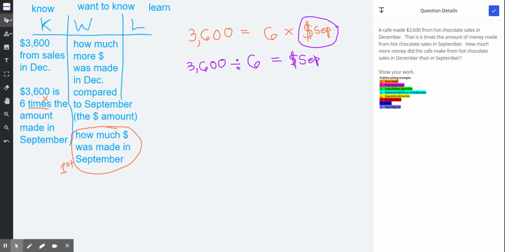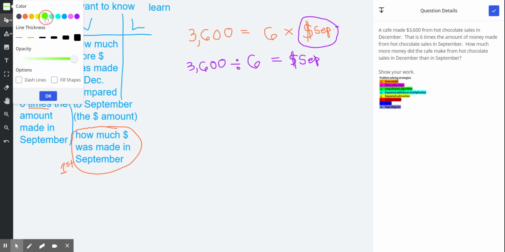But if you notice, my dividend remains the same. My dividend is 3,600 because that's the total sales in December. So that's my dividend. My divisor in this case is my 6 times.